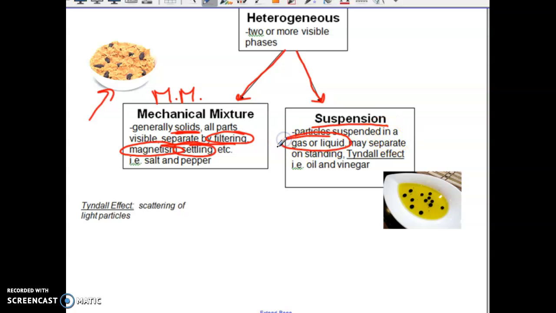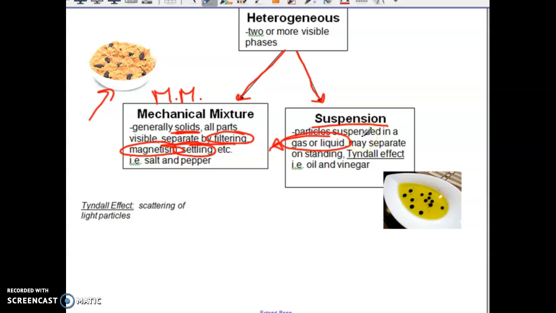Okay. A suspension is typically things that are not easy to separate. Usually these involve gases or liquids. So for example, smoke in air, right? You can see the difference when there is a cloud of smoke. Let's say there's a fire happening, a campfire, and there is smoke in the air, you can see the difference between when there's smoke and when there's no smoke. But you can't separate it.